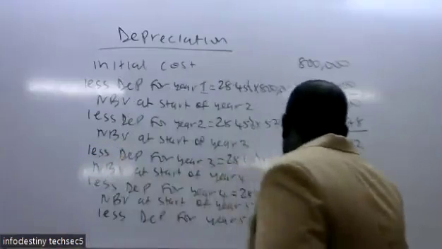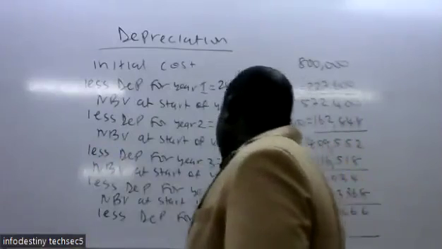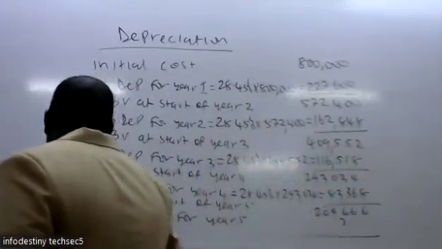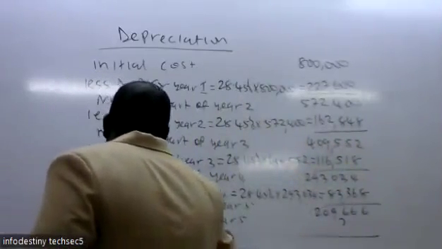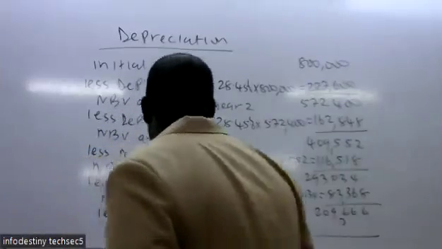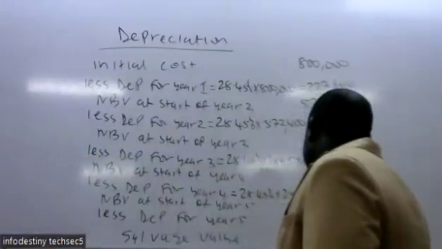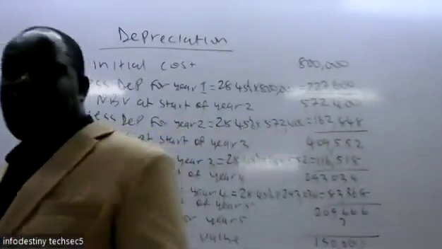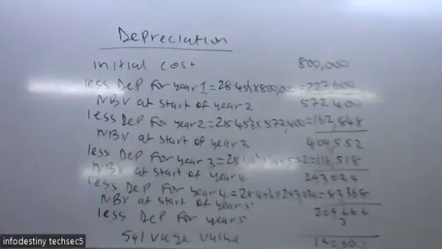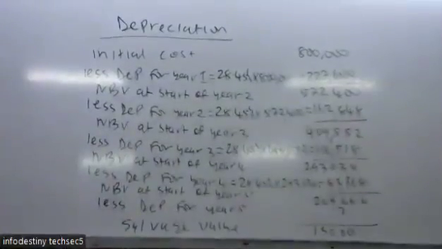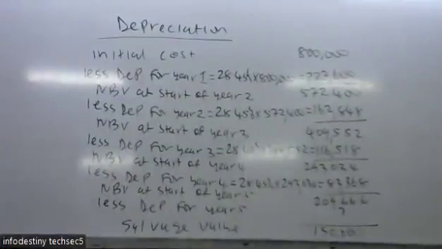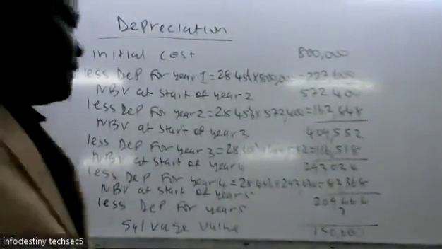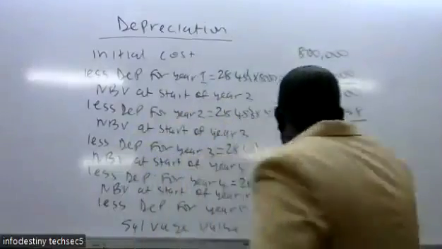That figure should be the balancing figure so that you get the salvage value, which was meant to be 150,000.